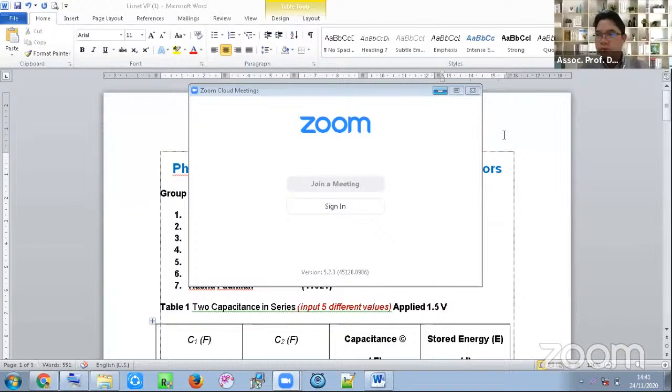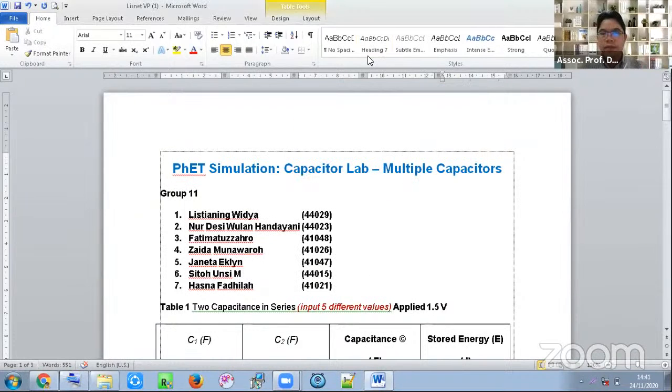For this group, they fix C1. It means that they fix capacitor 1 and vary C2, or capacitor number 2, to see the total capacitance. But the previous group varied both capacitors.